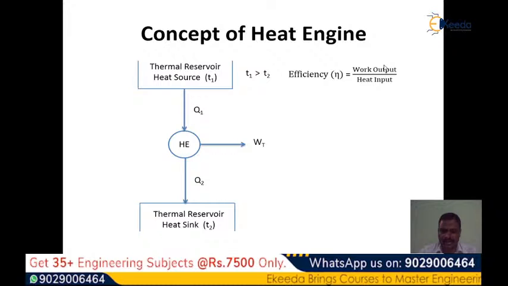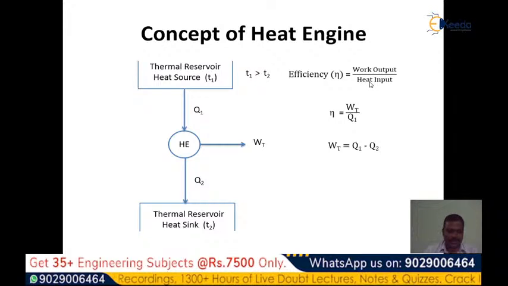So work output divided by heat input is efficiency, which is WT divided by Q1. But when we go to COP, heat will be in the numerator, work will be in the denominator.